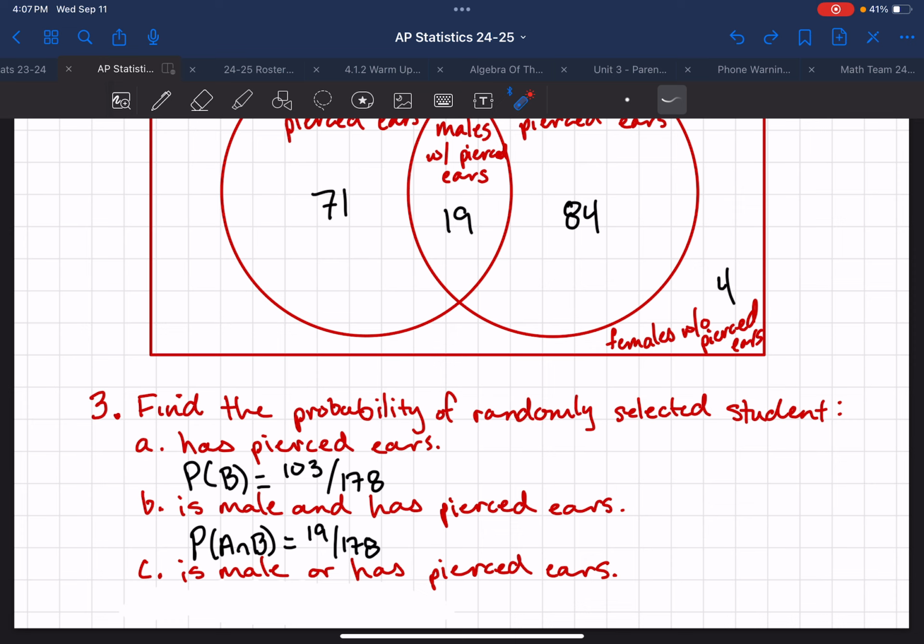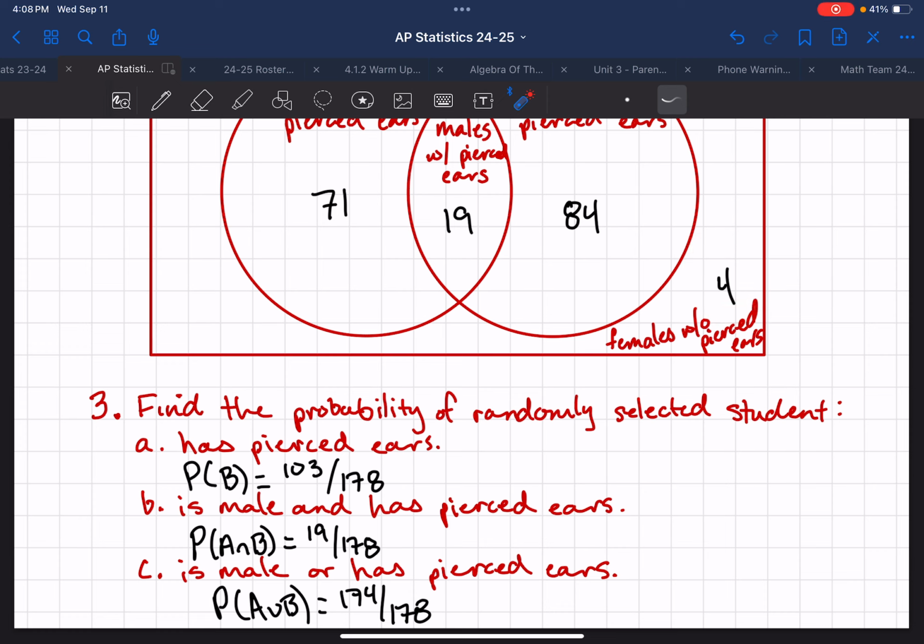C is male or has pierced ears. Well, that is the probability of A union B. Union means or, A or B. And that is everyone except for these 4 females out here.